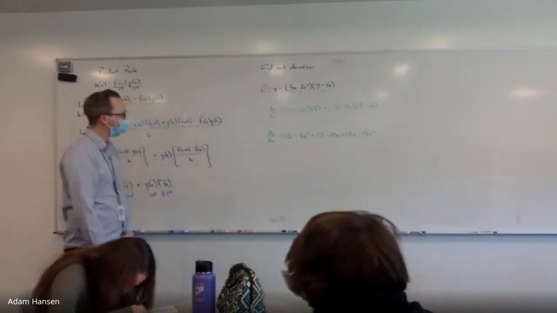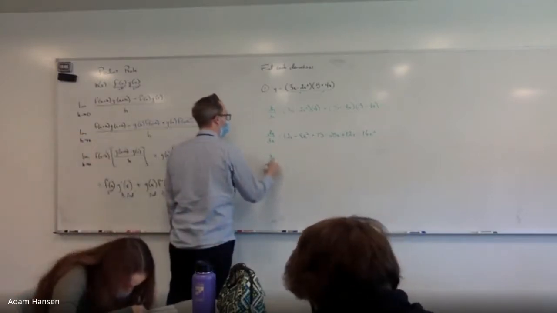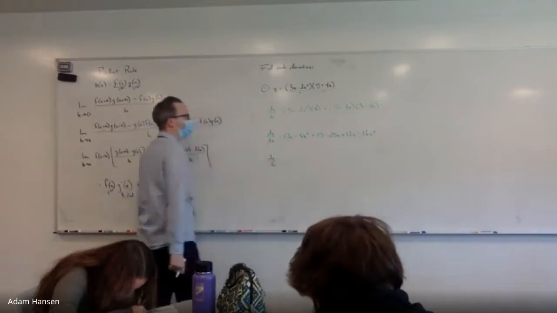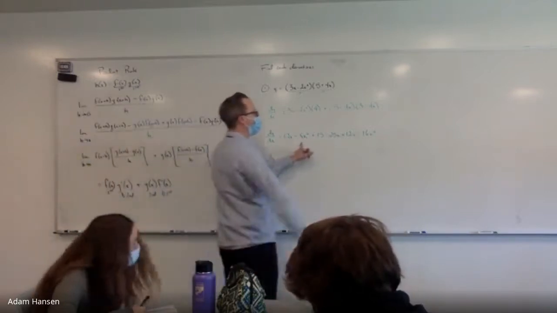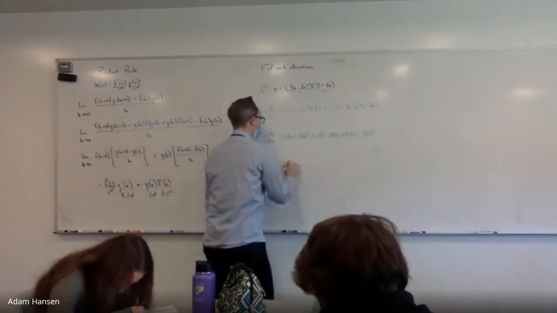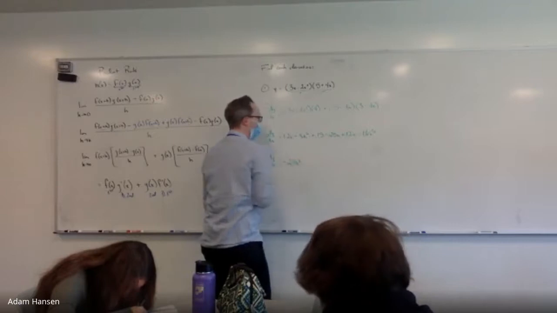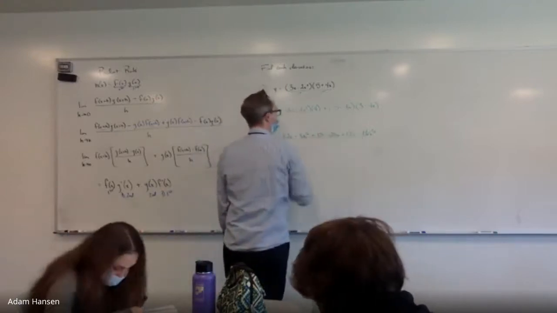What can I combine? All these like terms: the quadratic terms, linear terms, and constants. Negative 8x squared and negative 16x squared is negative 24x squared. I've got 12x and 12x to make 24x.